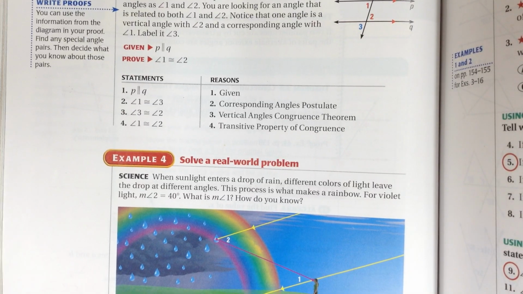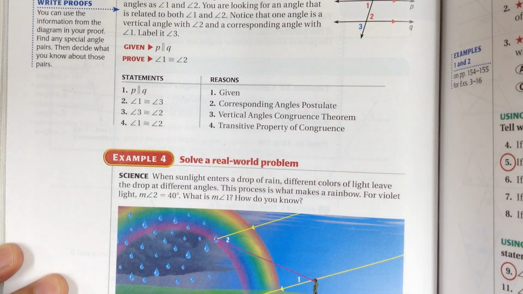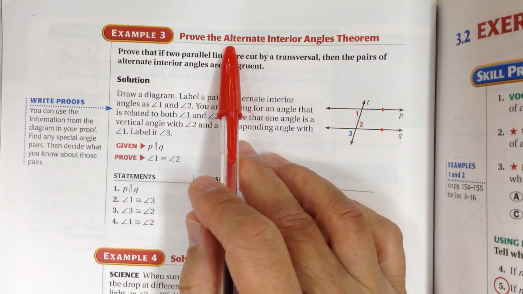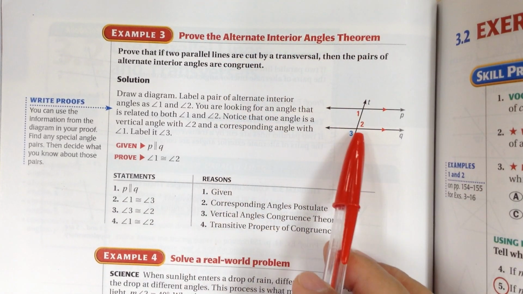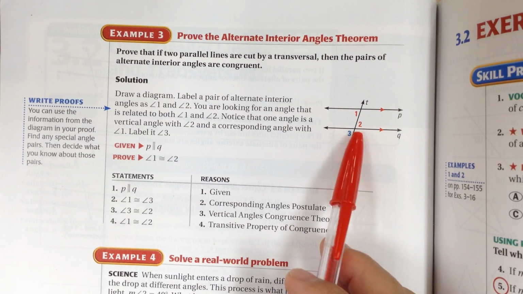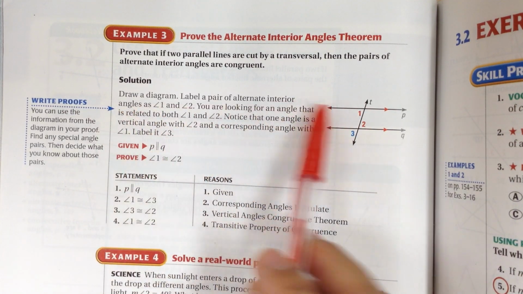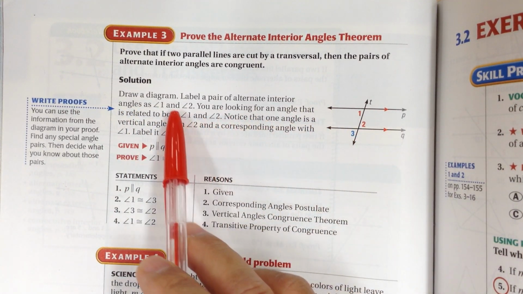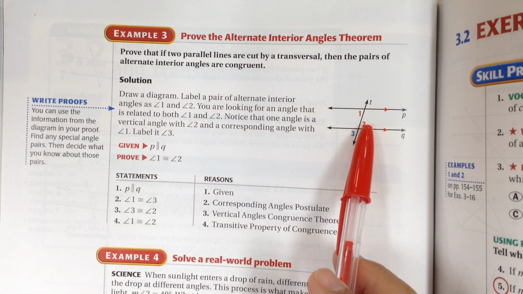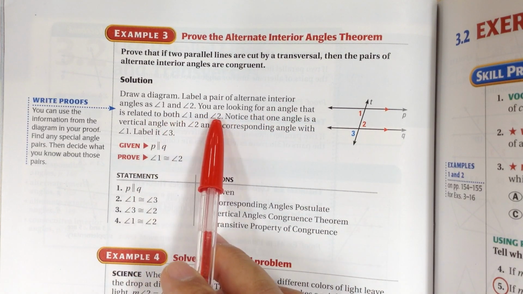Okay, let's go to example 3. Prove the alternate interior angle theorem. We just kind of did that in the earlier examples, but anyway, the solution: you draw a diagram like this and label a pair of alternate interior angles, such as angle 1 and angle 2, and you look for an angle that is related to both 1 and 2.